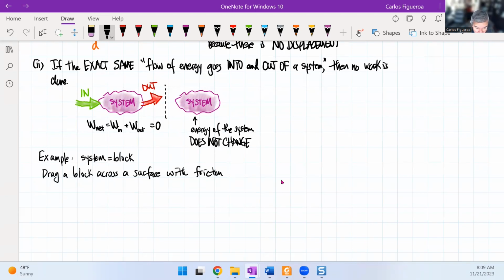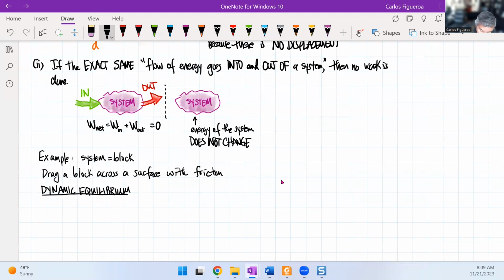What increases the energy of the system? What doesn't increase the energy of the system? So for the sake of simplicity, let's say that we're going to deal with dynamic equilibrium here.